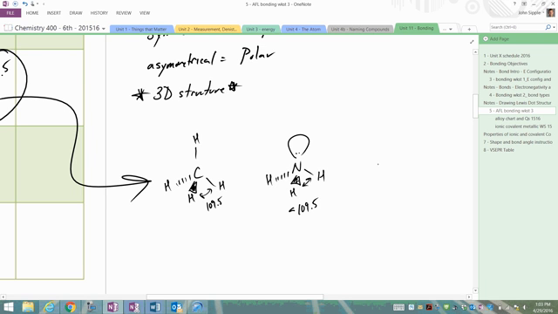Okay, and then with water, I'm trying to draw them with like ears to help us visualize it a little bit more and the space that those guys are taking up. Now the bond angle right here between those two hydrogens, I'm saying is less than 109.5.